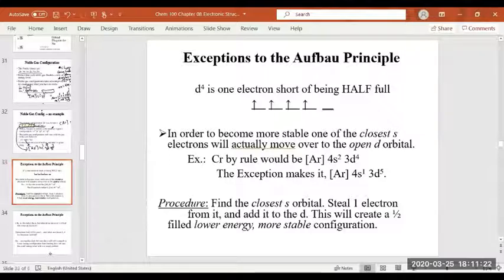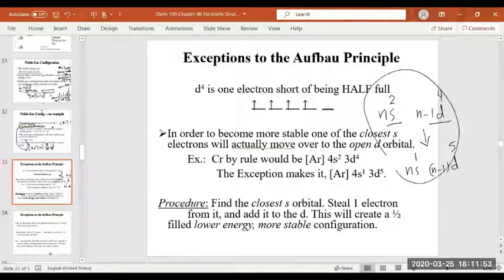Whenever we have (n minus 1)d, and before it, it is ns. Look at here. If you have 2, and here we have 4. Whenever we have this situation in the electron configuration, we will make it ns1 (n minus 1)d5.